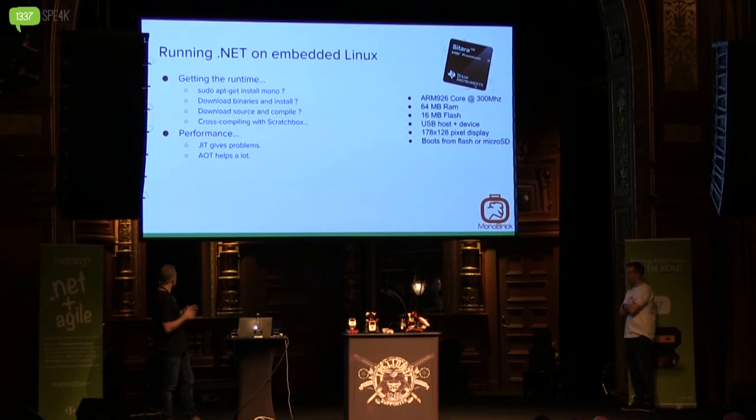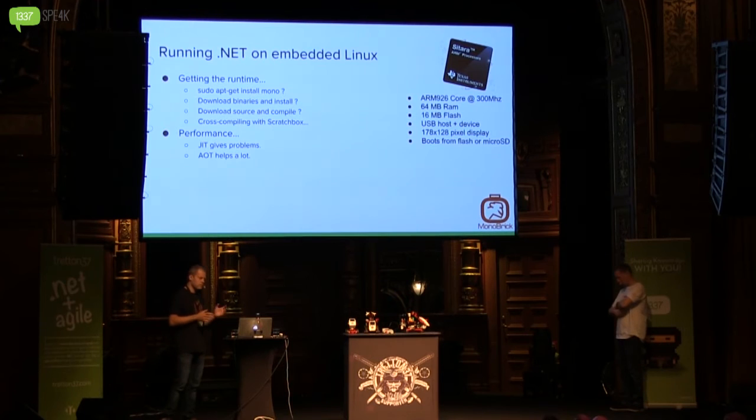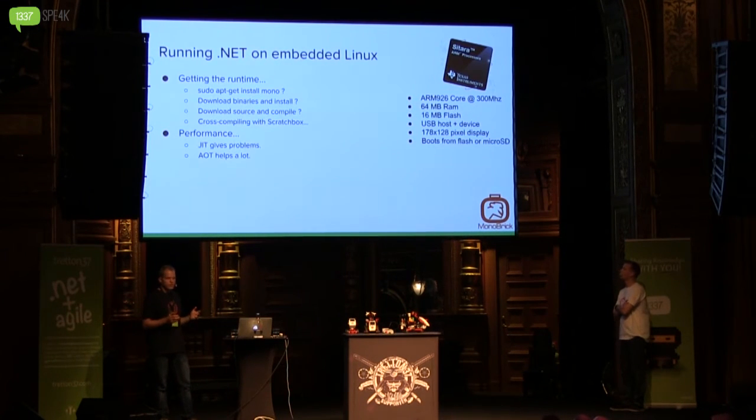The .NET runtime and the Mono framework have a feature called AOT compilation, which means ahead-of-time compilation, and this can actually mitigate the problem that just-in-time compilation gives. When we started using it, we found out there were different kinds of problems.